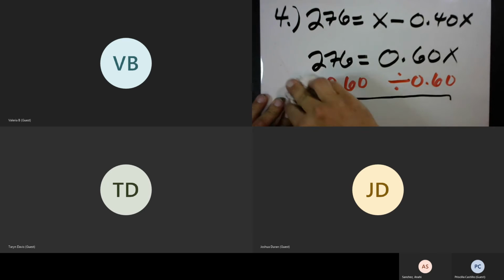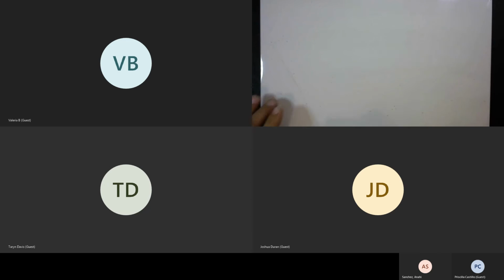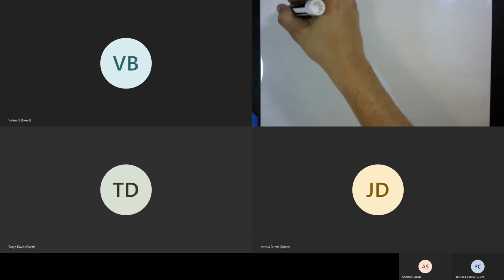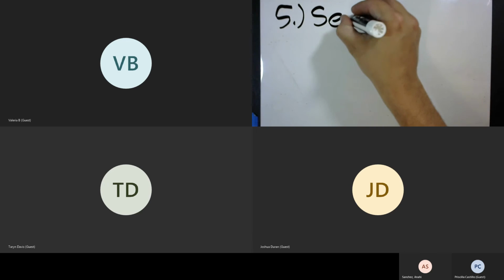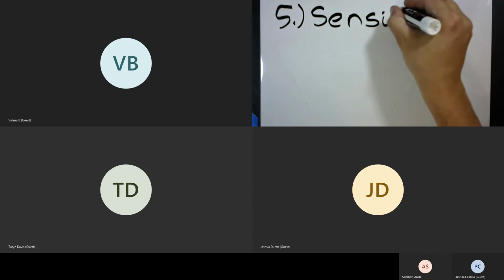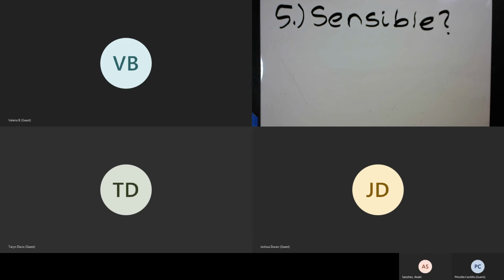The last step, step 5: does the answer make sense? So if we reread the question, basically what we can say is this.